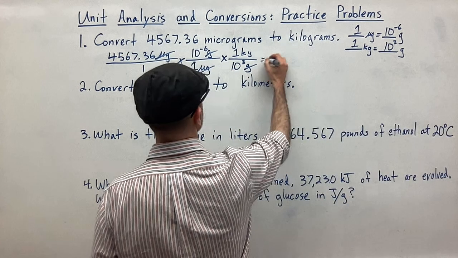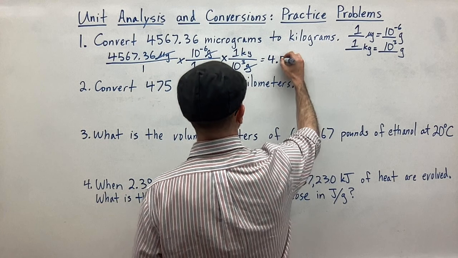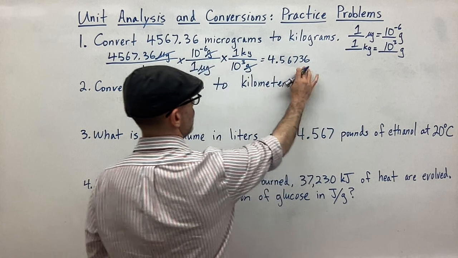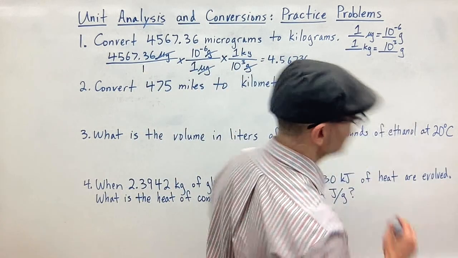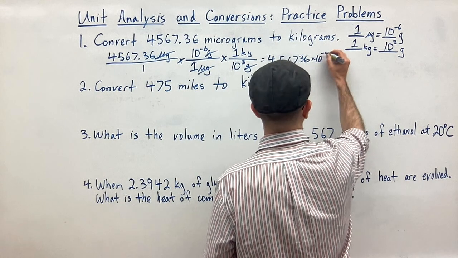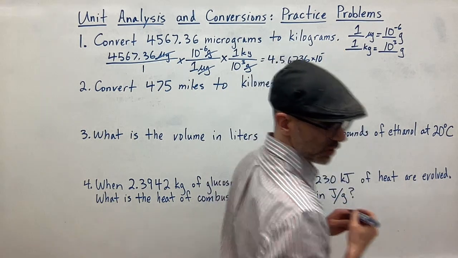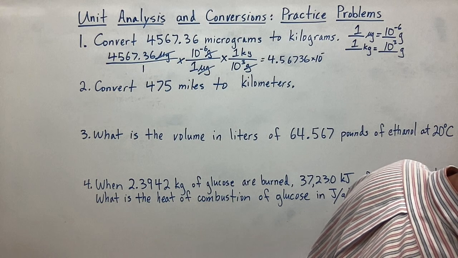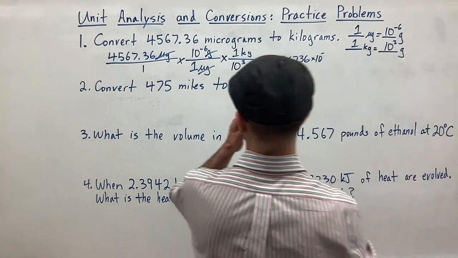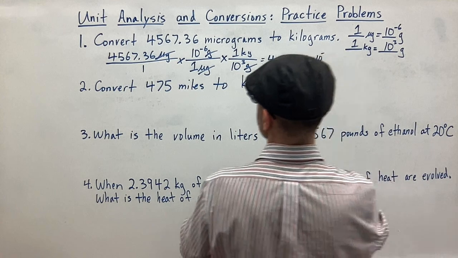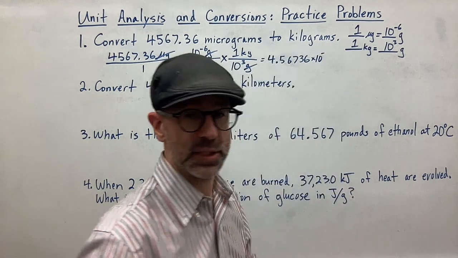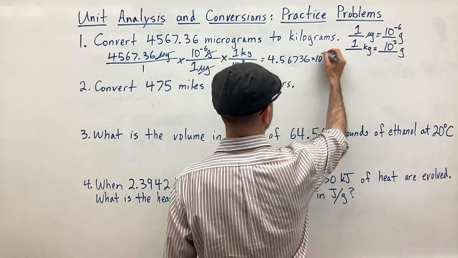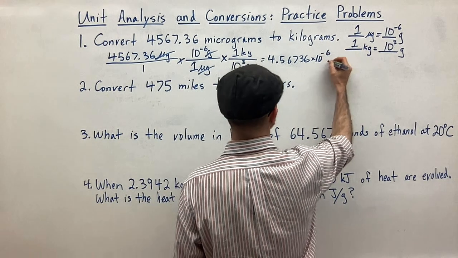We're going to get 4.56736 times 10 to the negative 6 kilograms.